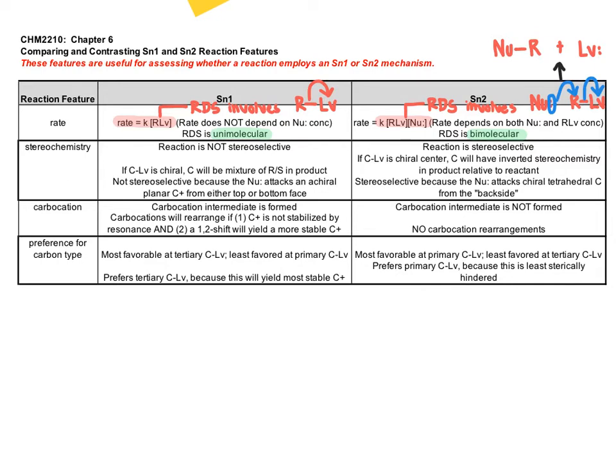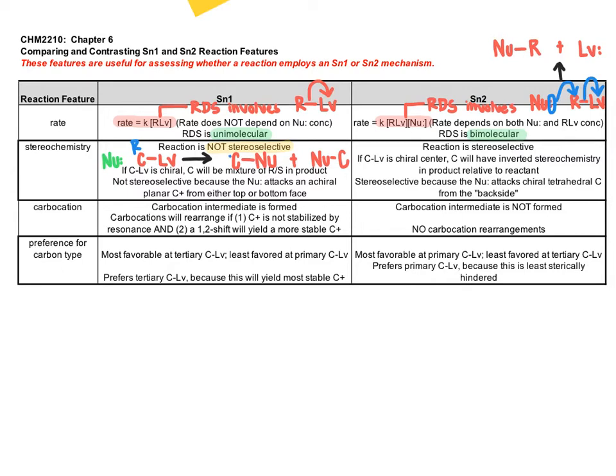So the stereochemistry of an SN1 reaction, typically an SN1 reaction we consider to be not stereoselective, meaning that if we start with an R chiral center that is reacting, say we have an R chiral center bonded to the leaving group, so I'll go ahead and put LG, and then I'm just going to label this carbon as R. We're envisioning that that's a chiral center and that we can assign it as R. Then what's going to happen once we have our reaction take place where our nucleophile comes in and reacts with that and the leaving group leaves, is that we're going to end up with a mixture of stereoisomer products corresponding to the R and the S configuration at that chiral center.